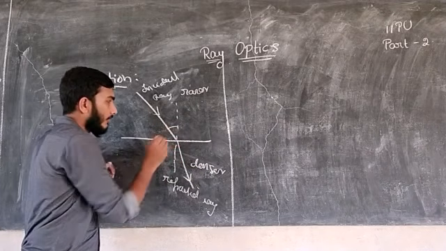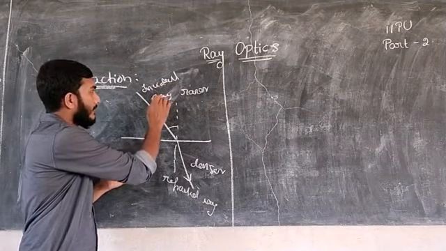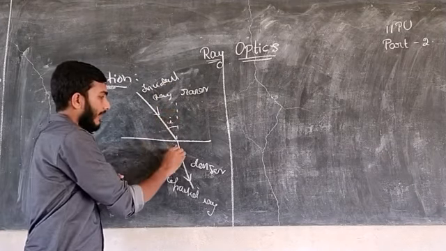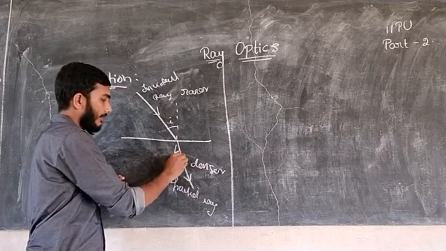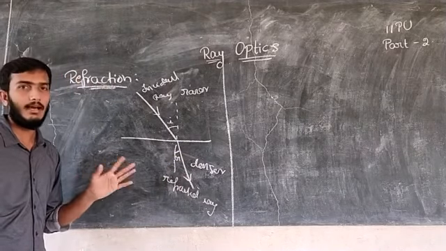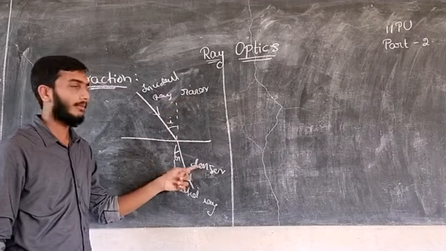As we discussed in reflection, the angle between the normal and the incident ray is i, and the angle between the normal and the refracted ray is r. Here the light is traveling from the rarer medium to the denser medium.